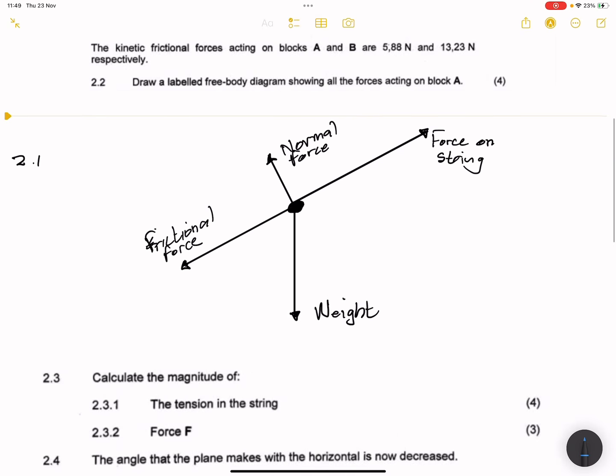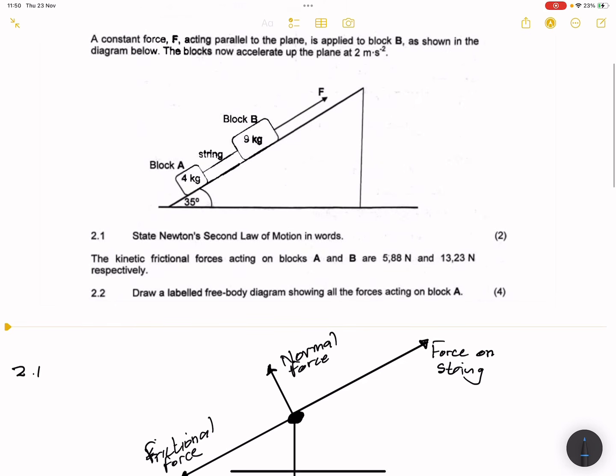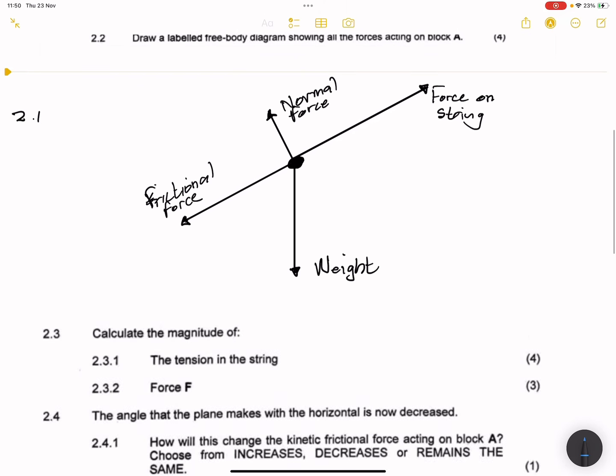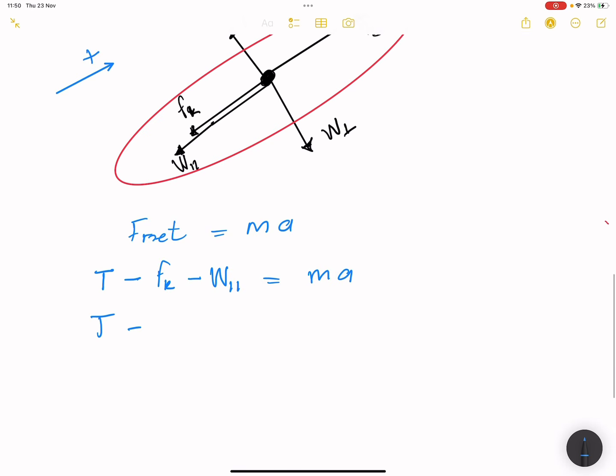We're given friction for block A, friction is 5.88, right? So this would be 5.88 newtons.